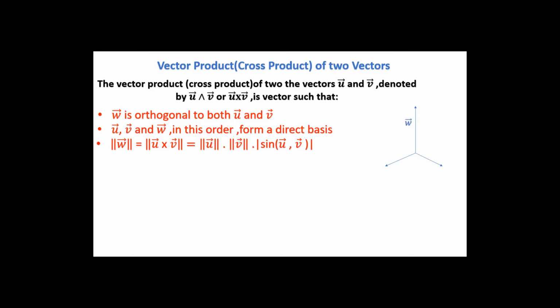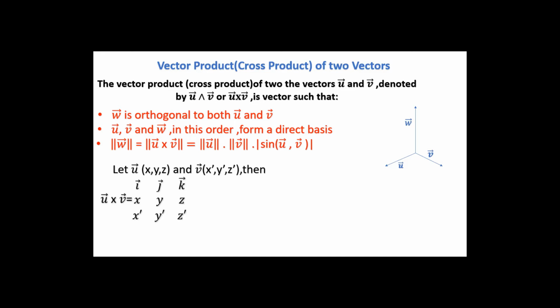Vectors u, v, and w in this order form a direct basis. Modulus of vector w equals modulus of u cross v equals modulus of vector u multiplied by modulus of vector v multiplied by the absolute value of sine of the angle between vector u and vector v.